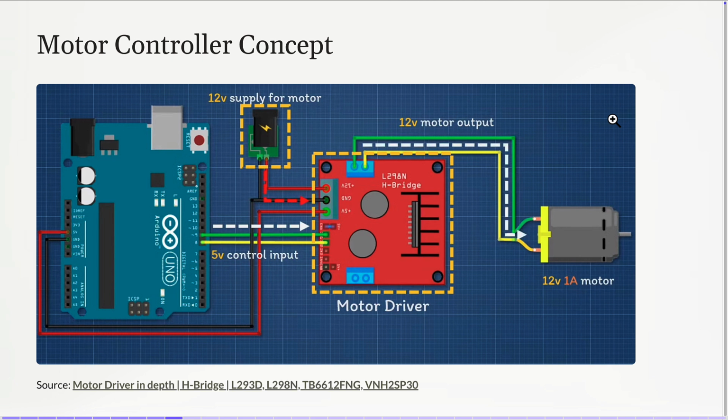So what is the solution now? The H bridge will have an input power. We will have an external power that will provide the required 12 volt or 24 volt, depending on the characteristic of the H bridge. And this is the ground, which is common for all. It also has the ability to provide 5 volt at the output.